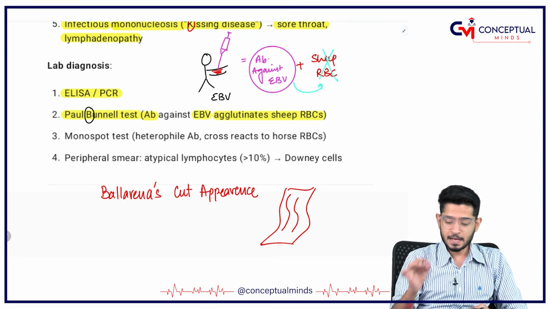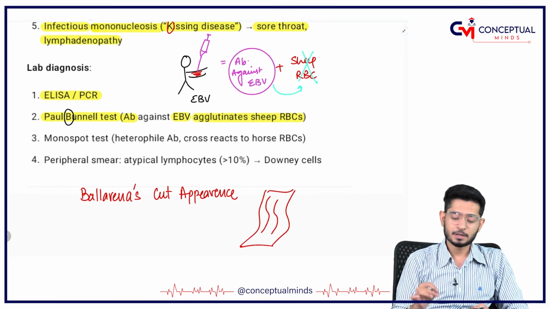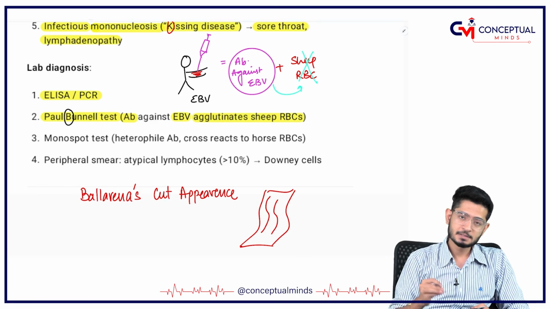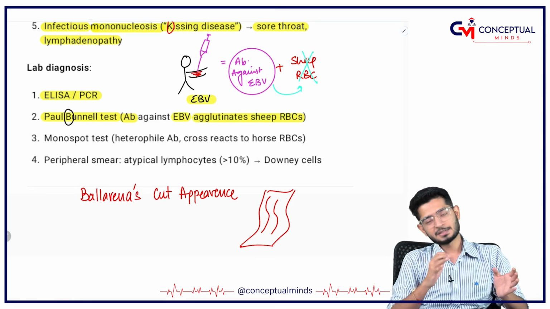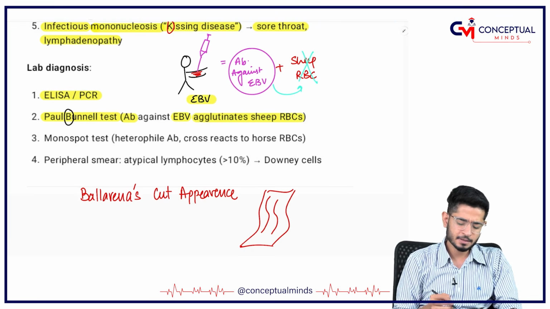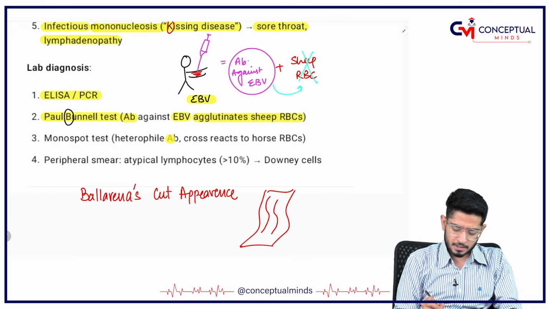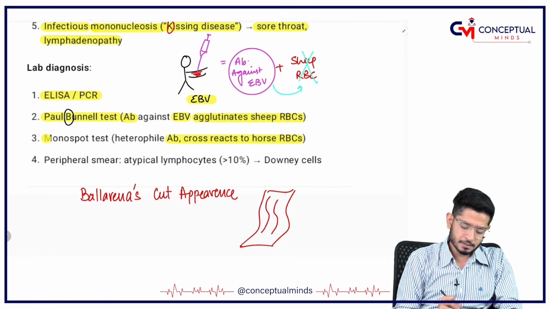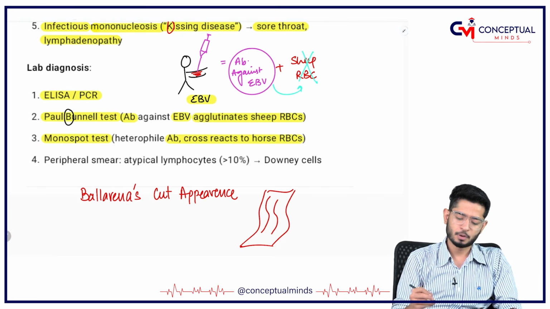So, if any antibody is killing the sheep RBCs, that means it is Epstein-Barr virus antibody. If it is present, you can understand that yes, this person is suffering from Epstein-Barr virus. Similarly, these antibodies also cross-react with horse RBCs. The test name now will be the monospot test.